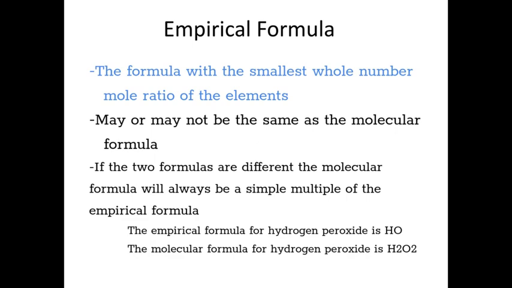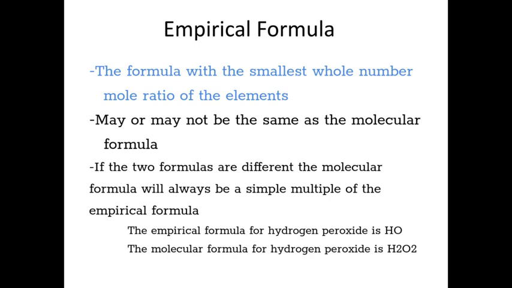So keeping that in mind, there might be several actual compounds that have the same empirical formula, like CO2. That would be the bare bones, but there might be multiple molecular formulas that are bigger than that. An example that I use here is hydrogen peroxide, right? That bubbly stuff that you put on when you get a scrape, or maybe you skin the side of your face or something like that.